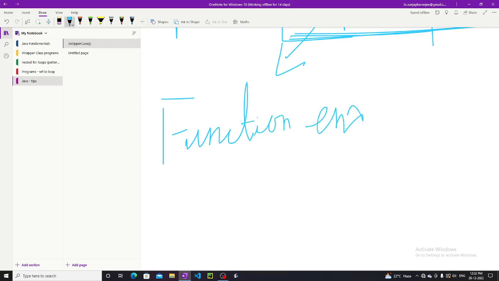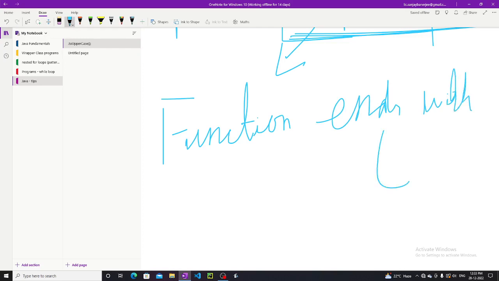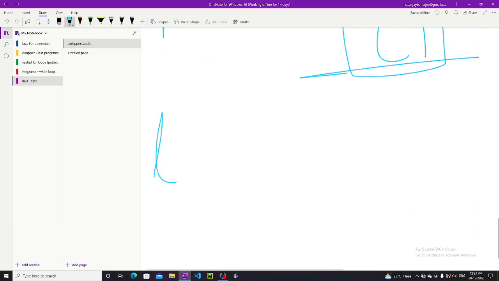And always remember, because we are talking about functions, a function name always ends with a parenthesis, meaning these brackets. An exception is also there, that we have discussed in previous videos also. The exception is the length for an array.